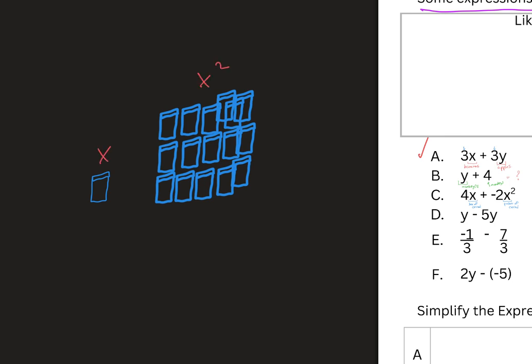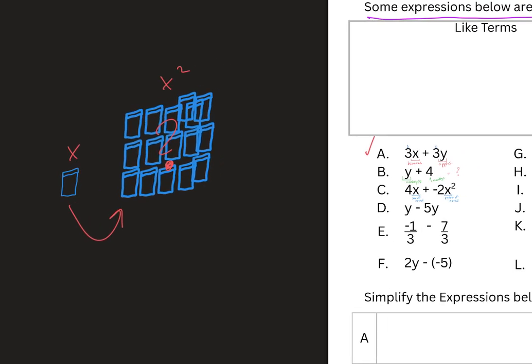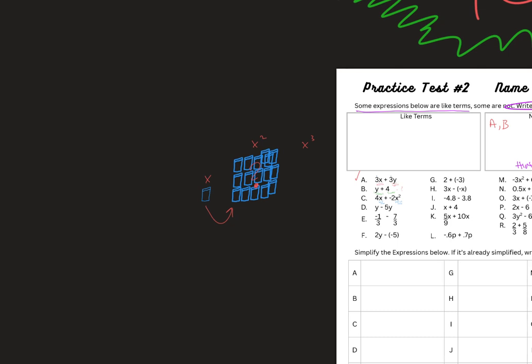This is x squared. You might think, well, I can just throw that in there. But here's the question. How many are in this pallet right here? Do you really know? No, you don't. That's the point. And if we were to get a little bit crazy with this, by the way, x cubed would be like a whole shipping container of pallets.